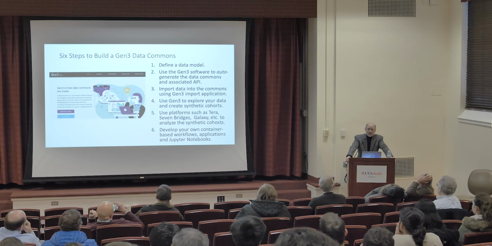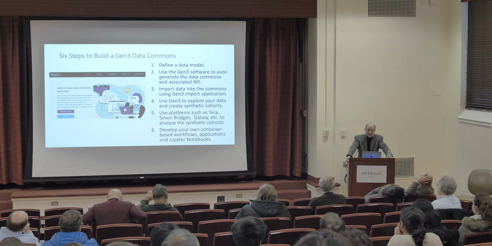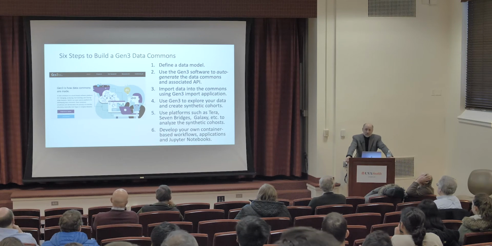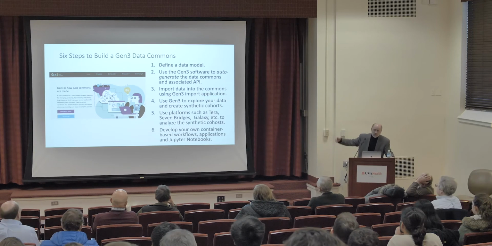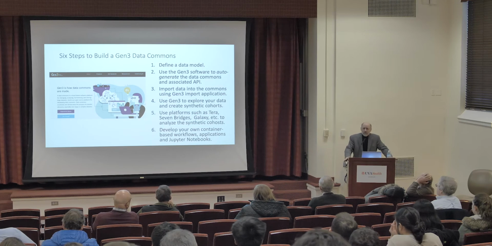This may be the last time I ever talk about these, so I'm going to talk a little bit about how they're built, where they're going, what the challenges and opportunities are, but I really get excited about what I can do. All the platforms have open APIs. You can just put a Jupyter notebook over them, and you can easily analyze the data right away in a secure way. The way these all work is you start with a data model. Now, there are two types of people in the world.